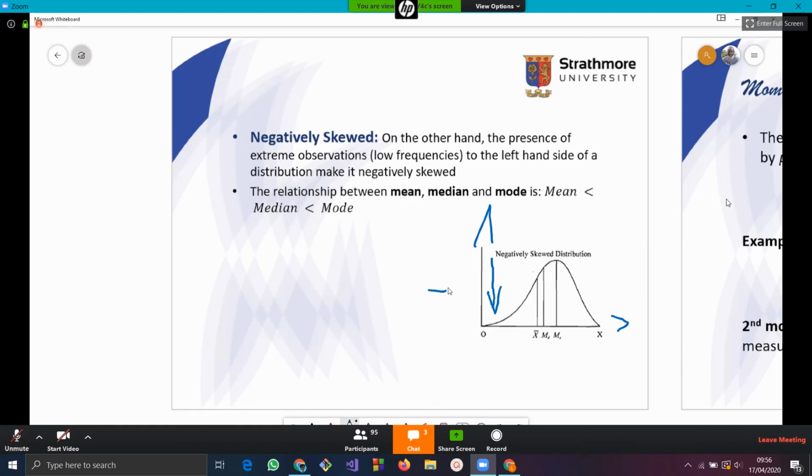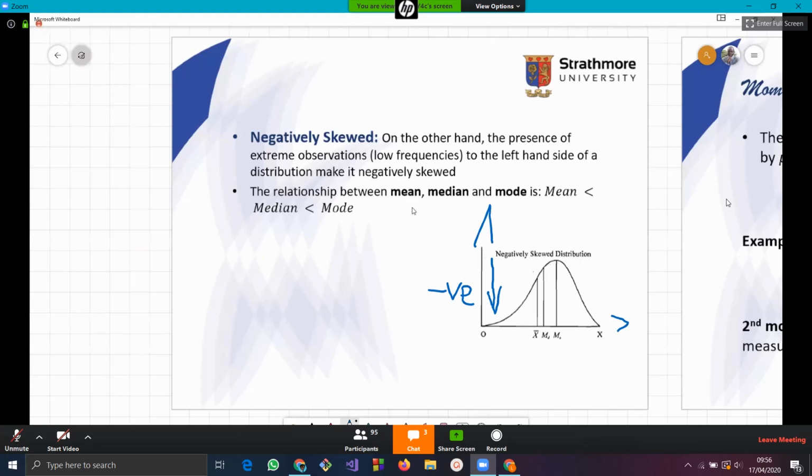So we call this a negatively skewed data set. In a sense, skewness is trying to measure the shape of a distribution. These are the shapes we are talking about. And in negatively skewed, the mean is less than the median is less than the mode. You don't have to cram, we just have to apply these.